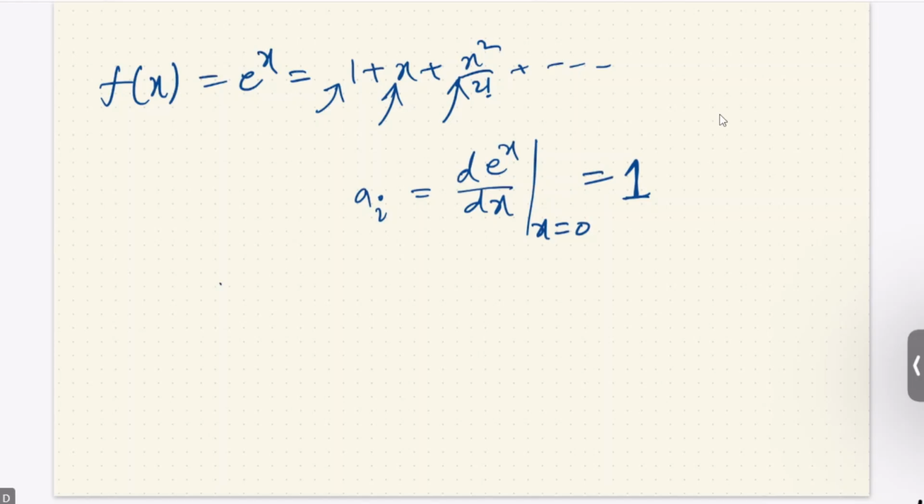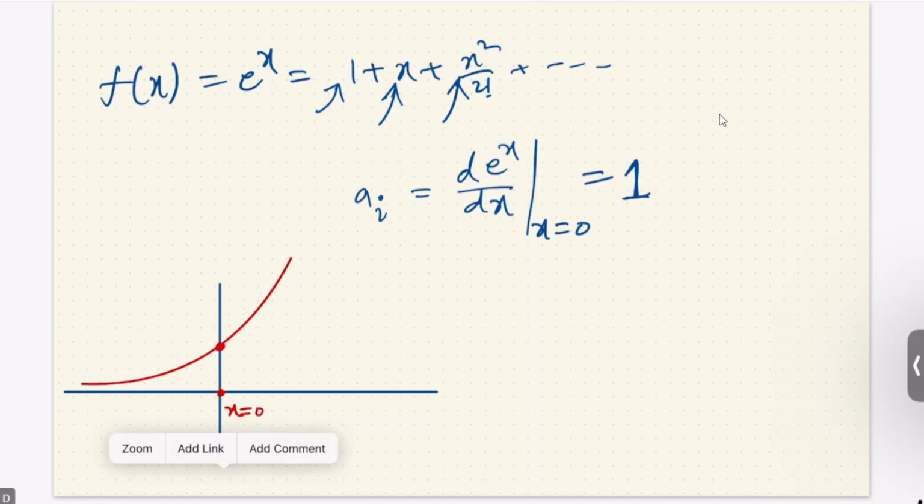So now graphically I wanted to say something. The same e^x, if you take it like this, you are approximating at x equal to 0. That means you are doing it around x equal to 0.